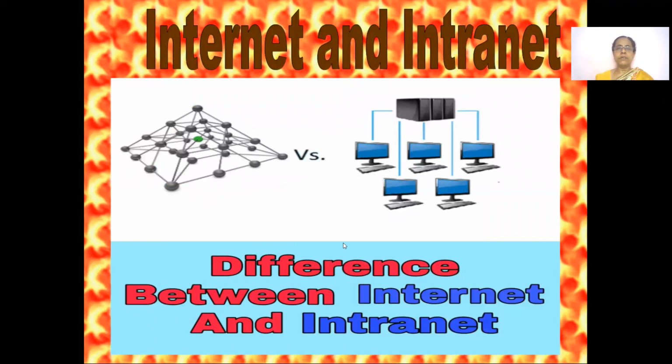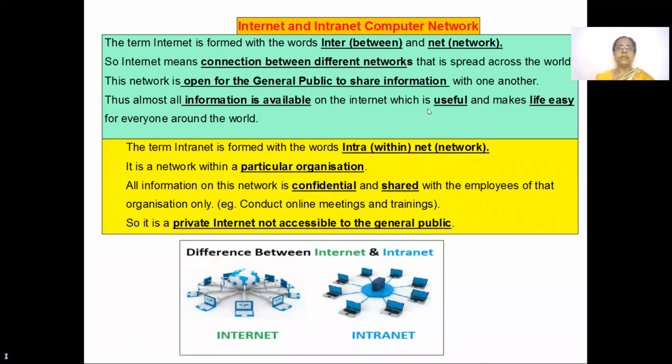Internet and intranet. What is internet? Internet is formed from the word inter. Inter means between, and net means network. So internet means connection of different computers on the network, which is spread over the world.